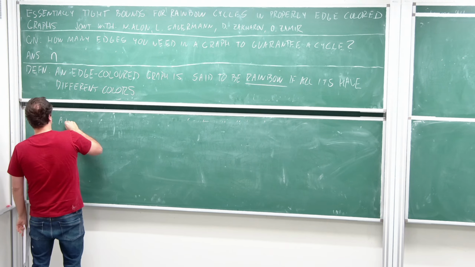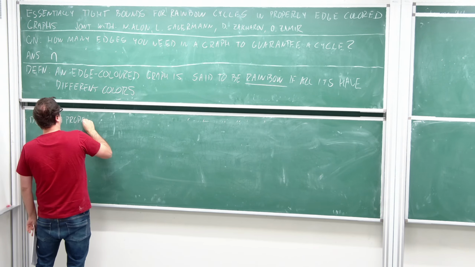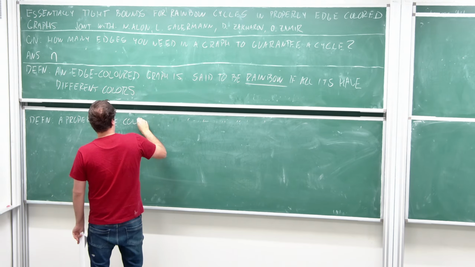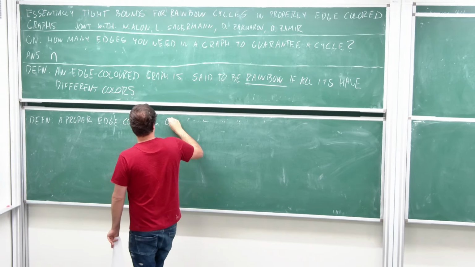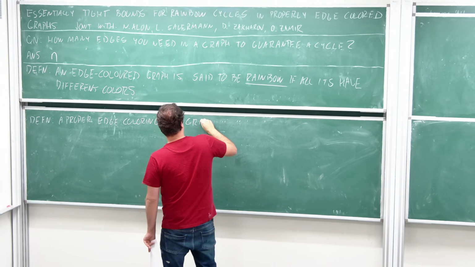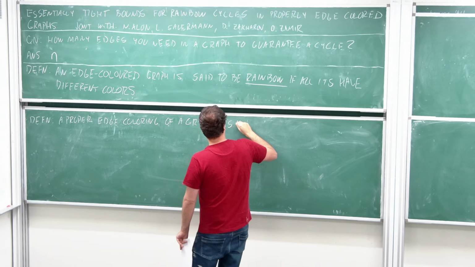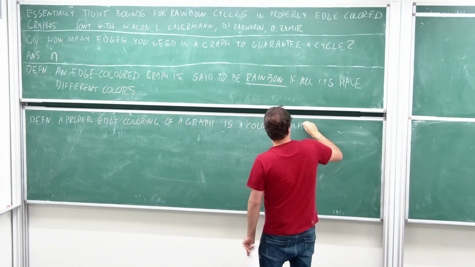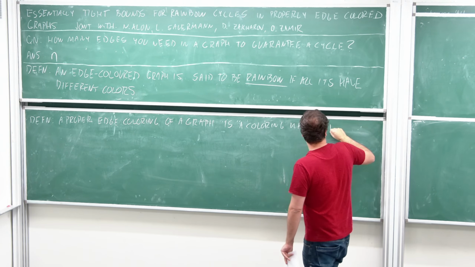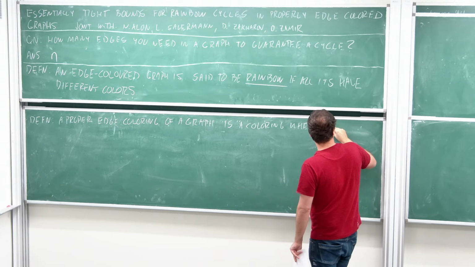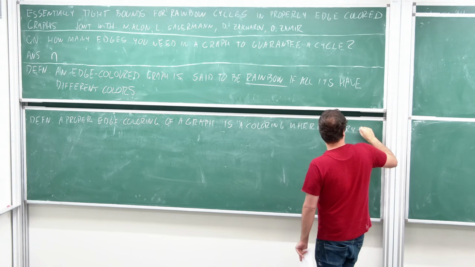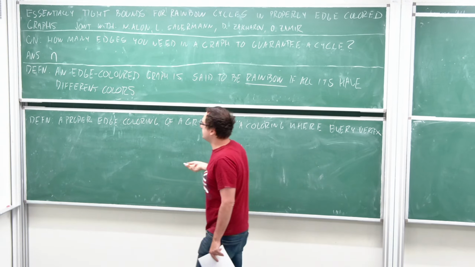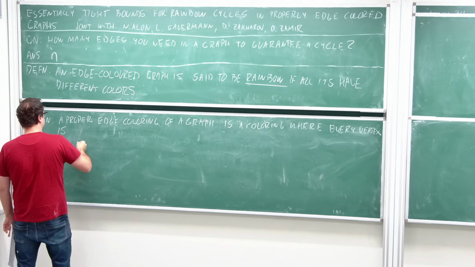A proper edge coloring of a graph is a coloring where every vertex is incident to edges of only different colors.